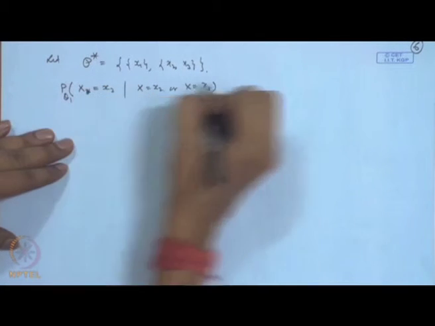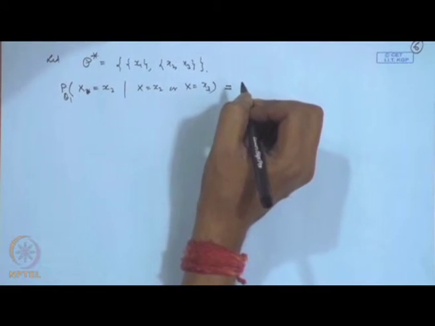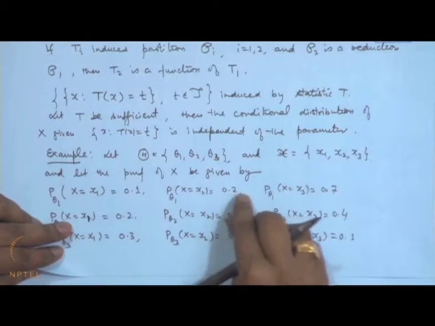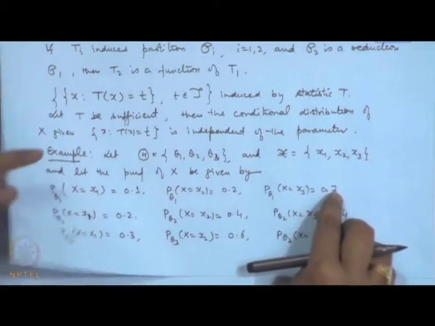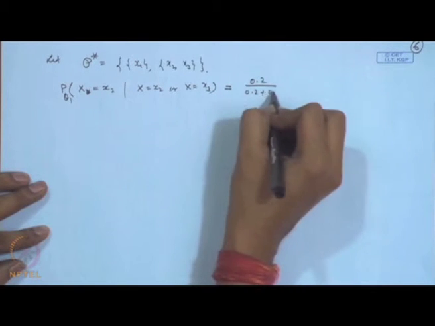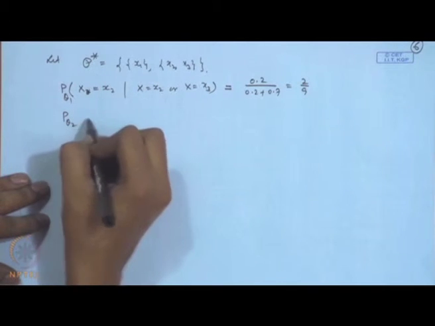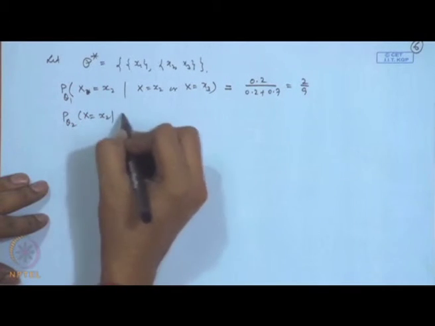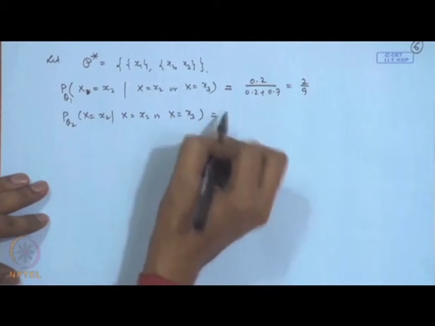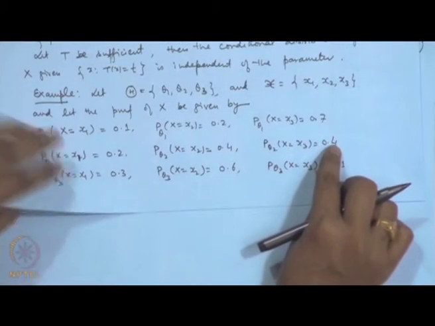Now, when theta is equal to theta 1, this probability will be equal to 0.2 divided by 0.2 plus 0.7, that is 2 by 9. Now, if I consider theta 2, same probability, then for theta 2 these values are 0.4 and 0.4.